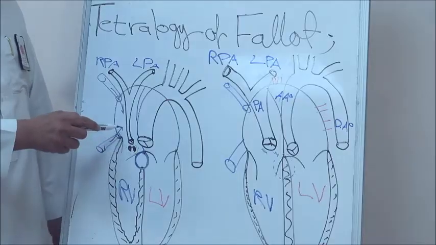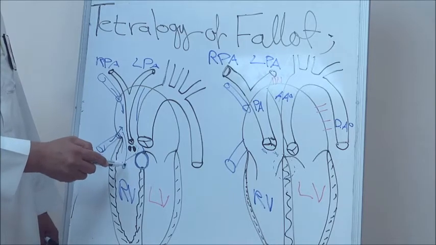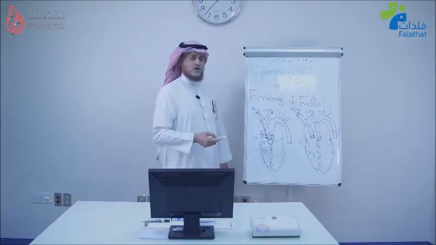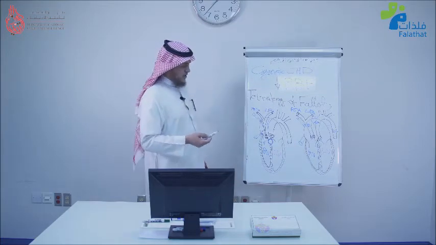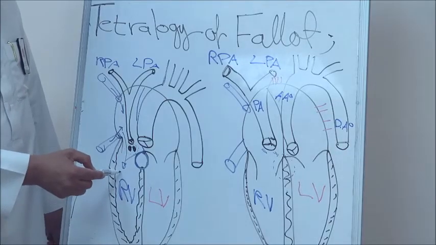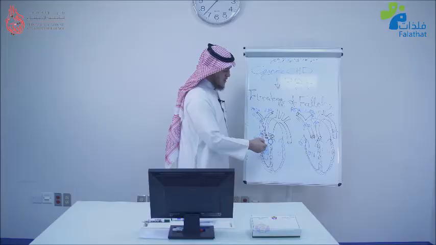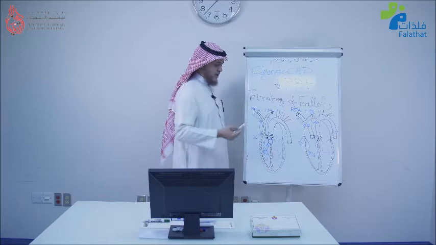Going through the tricuspid valve is also usually not an issue because tricuspid valve abnormalities in tetralogy of Fallot, though can happen, are quite rare. And then the blood needs to go back up in systole to be pumped to the great vessels, the pulmonary artery and the aorta.